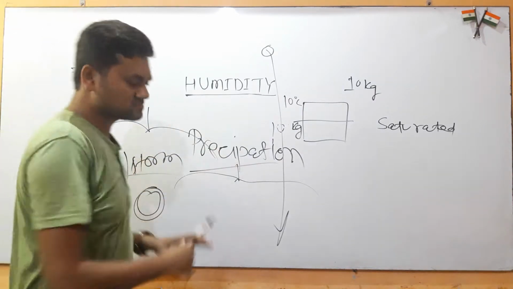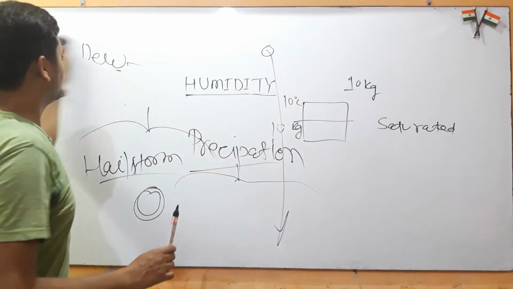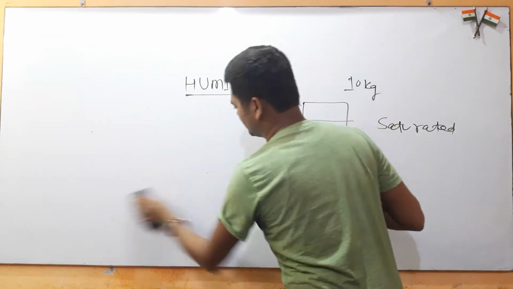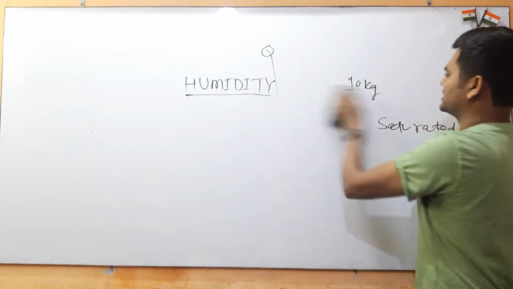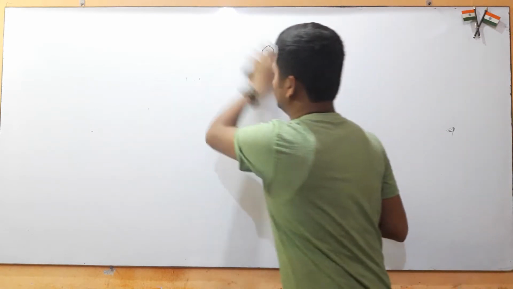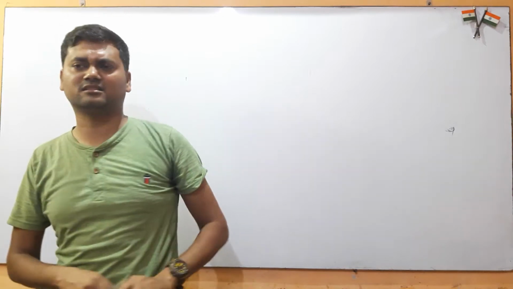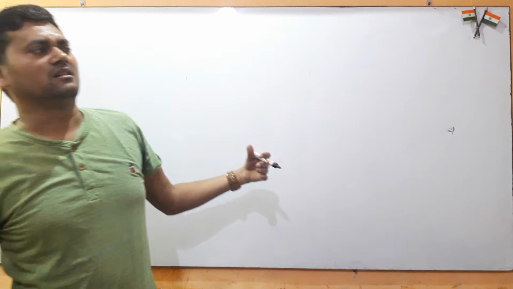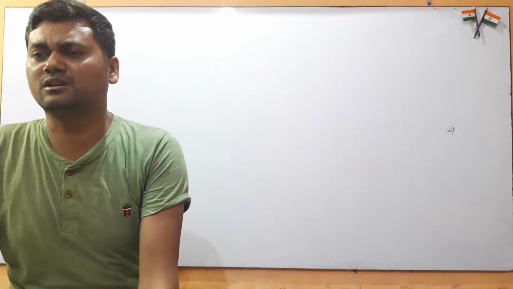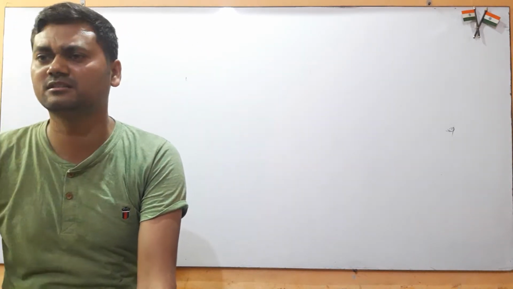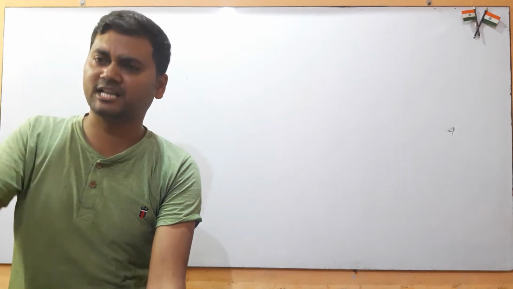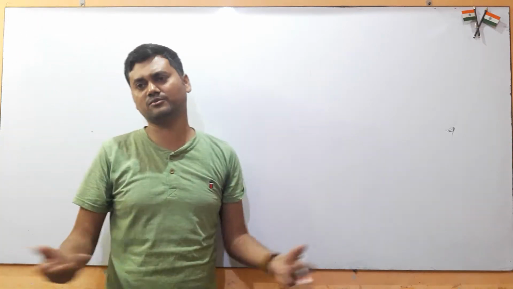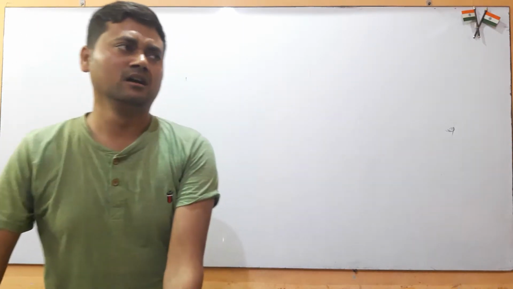So these were the main terms related to humidity and precipitation, and how hailstorm comes under precipitation. As I have told you, when condensation happens above the freezing point, then instead of ice particles, water drops come onto the surface of the planet, and we know it as rainfall.